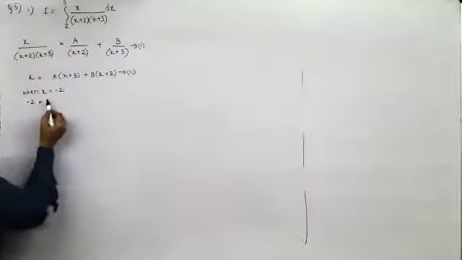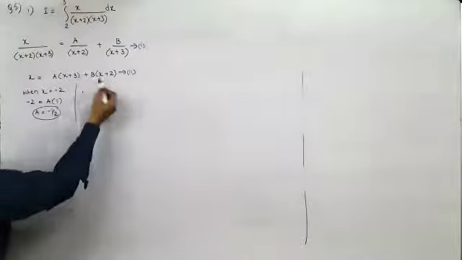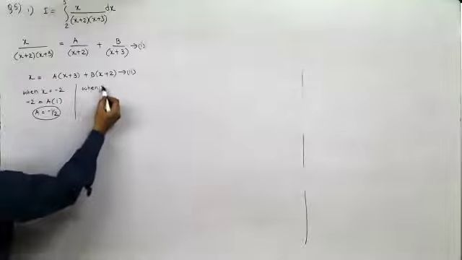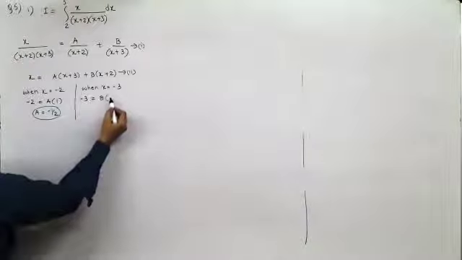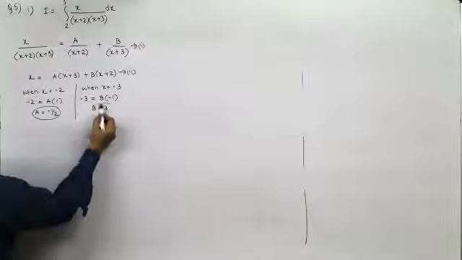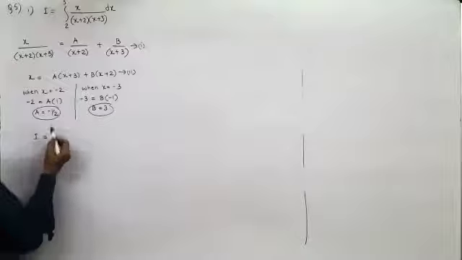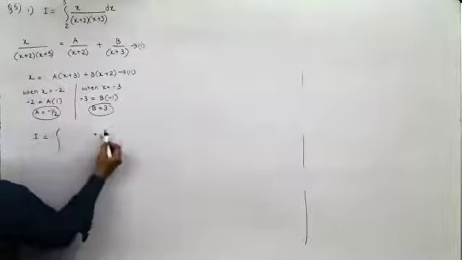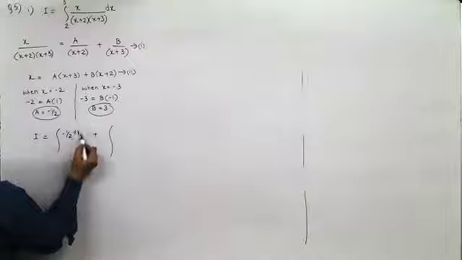So, minus 2 equal to a into 3 minus 2, a is minus half. And when I take x as minus 3, I'll get the value of b. So minus 3 equal to b into minus 3 plus 2, that is minus 1. So therefore b is 3. Now I'll integrate these two and substitute a as minus half and b as 3.